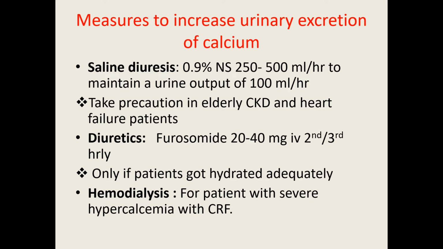We should not use thiazide, as it will rather increase the reabsorption of calcium. Diuretics can be used only if the patient is adequately hydrated. And in resistant, refractory cases, we can use hemodialysis, and also in patients having CRF.